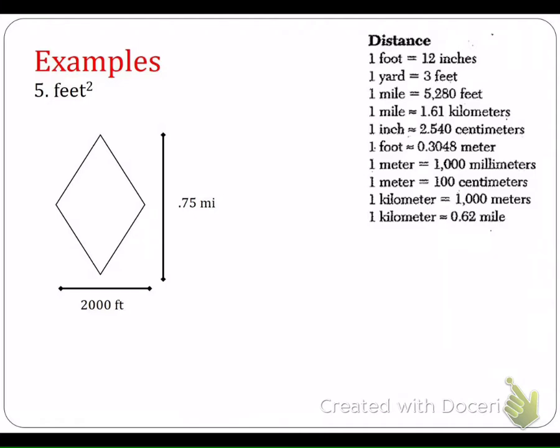Number 5. We are talking about a big old rhombus, right? 2,000 feet by 3/4 of a mile. That's a lot, okay? But I want my answer in terms of feet. So do I know any information about feet and miles?